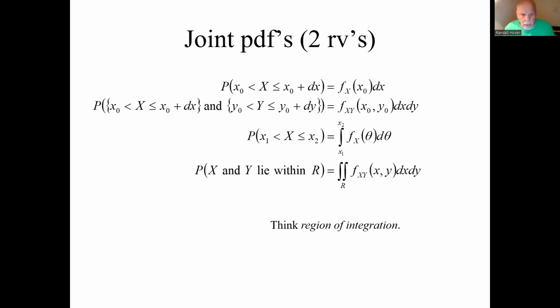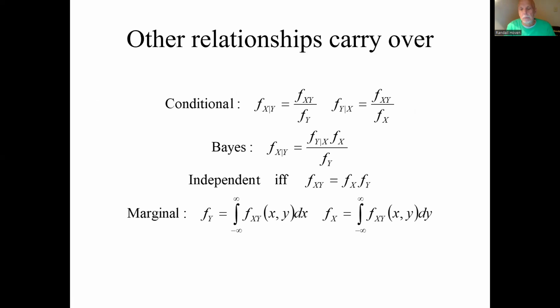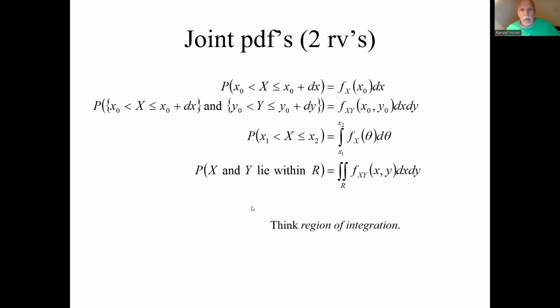You'll need to translate that into a region of the xy plane and take this definite integral. So that's a big key to doing these type of problems. I'll do some examples in another video.